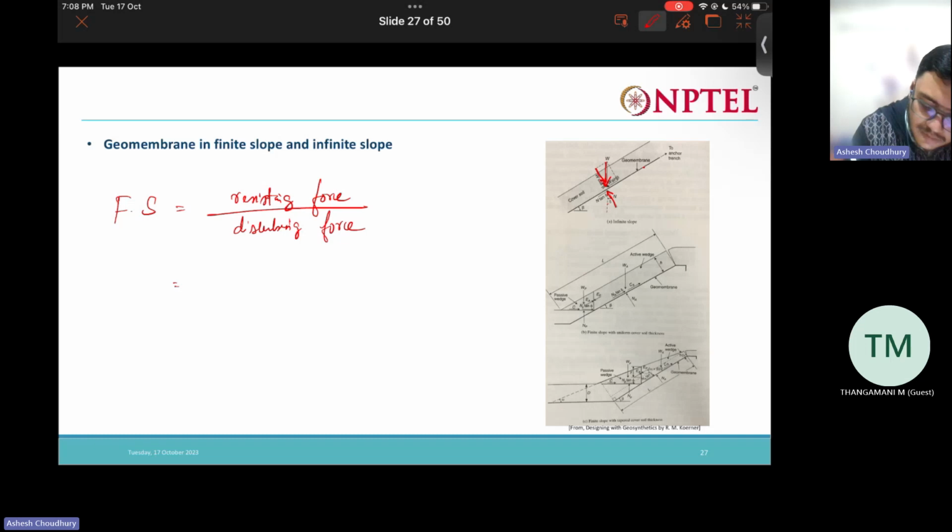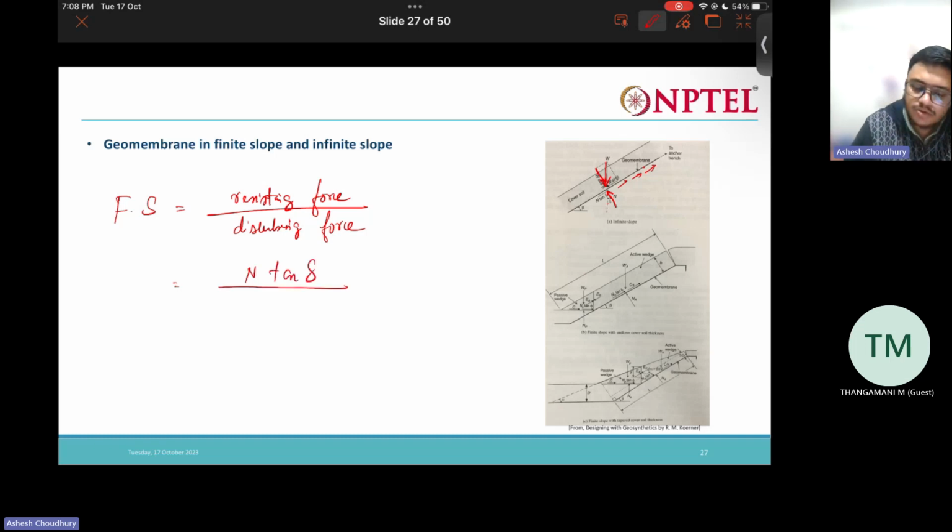Now what is the resisting force here? Resisting force is nothing but the frictional resistance. And what is frictional resistance? Normal force times the friction coefficient mu, where mu is equal to tan of the friction angle. So resisting force is N tan delta.